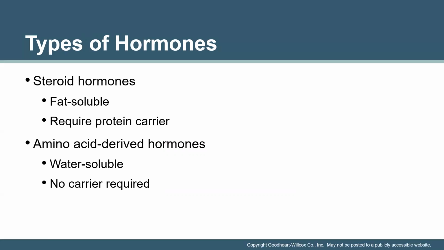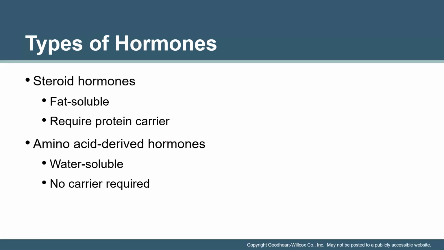Now, because they're water-soluble, they have to have a polarity to that molecule, to that type of hormone, and that's why they're able to do that. Most hormones are amino acid-derived hormones, except the hormones of the adrenal cortex and the reproductive glands.